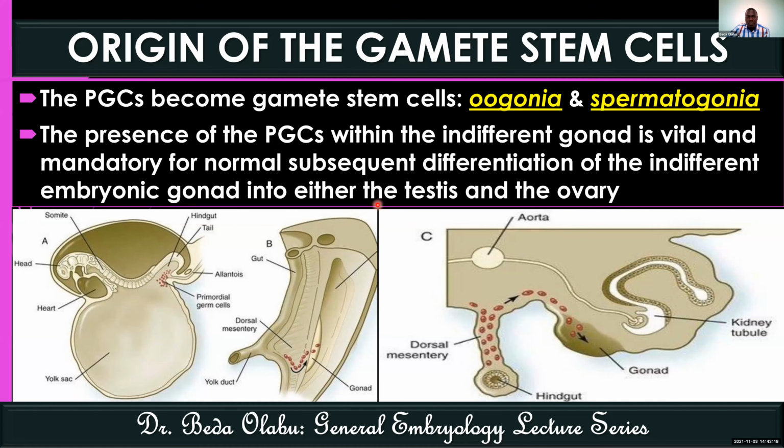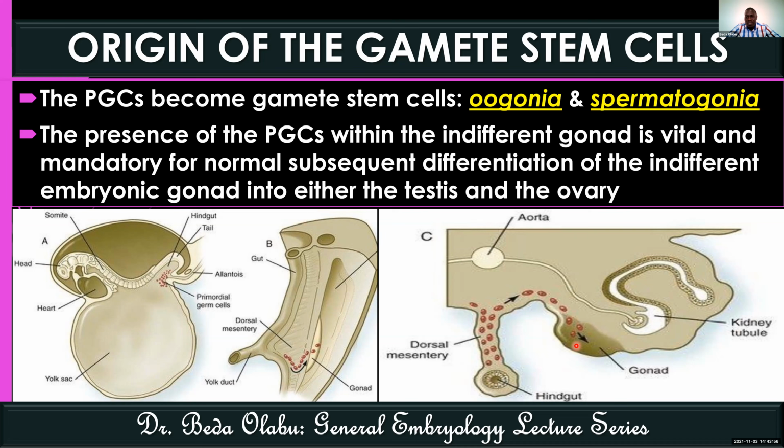Even though we are not discussing the mechanisms that help in gonadal differentiation here, maybe there's a statement I need to make. The presence of the primordial germ cells within the gonad is vital for its subsequent normal development. Whether it is designated to become the testis or the ovary, it doesn't matter. If the primordial germ cells are not within the indifferent gonad, that gonad will not develop at all.